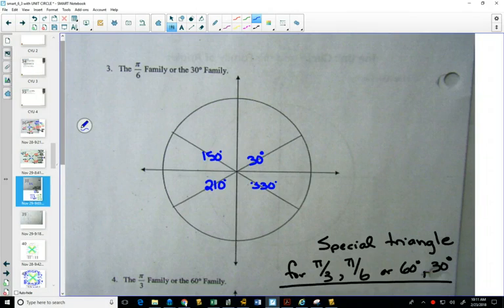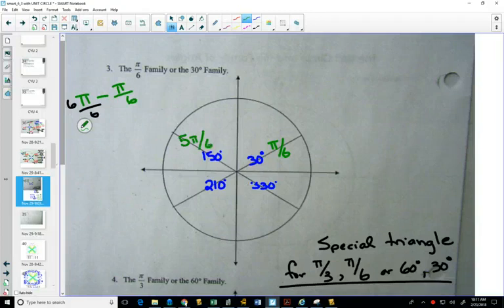Now in radians. This angle is pi over 6. In quadrant 2, if you did pi minus your reference angle and got your common denominator, you would get 5 pi over 6. 10-second head start on the radians.